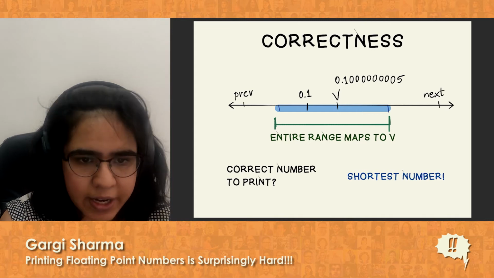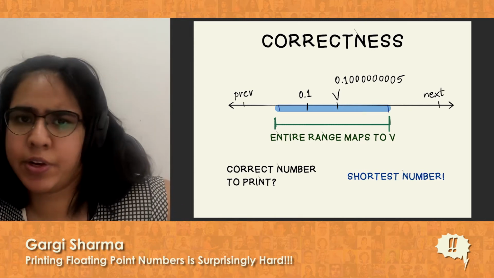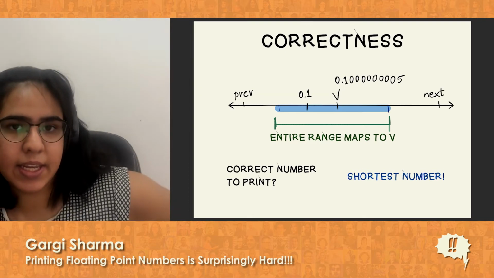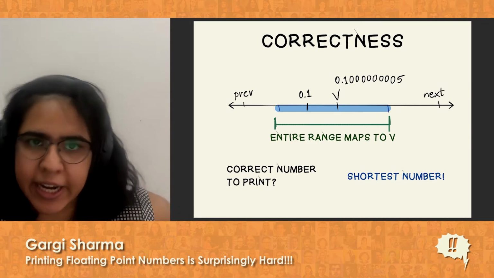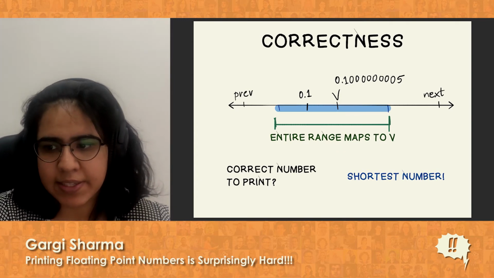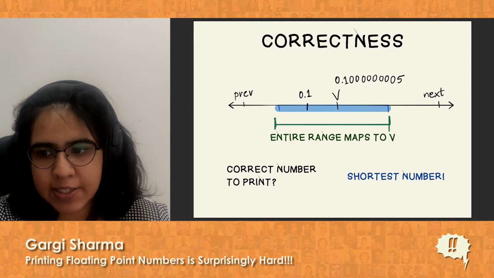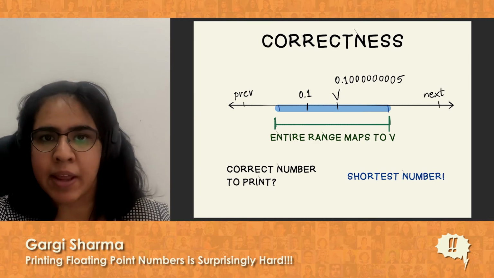The first algorithm to come around for printing floating point numbers was in 1990, called Dragon 4. In the early 1970s, systems produced incorrect decimal values of binary numbers, and they didn't provide a guaranteed bound on how wrong they might be.